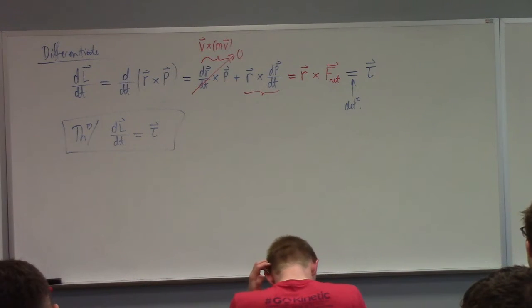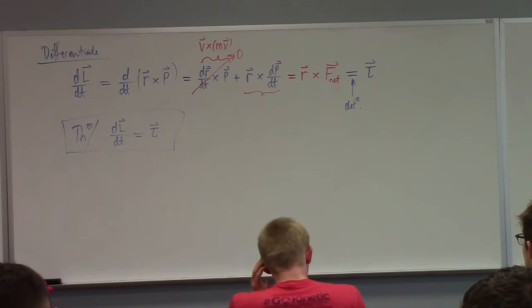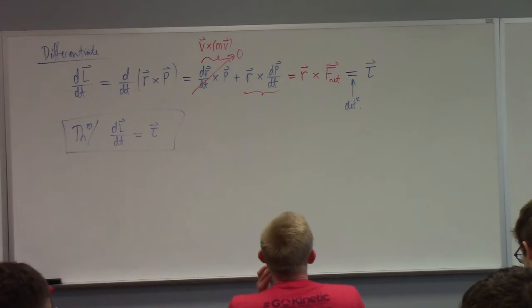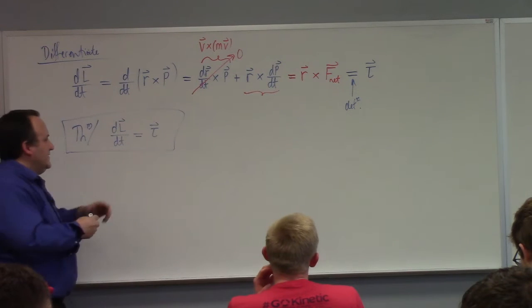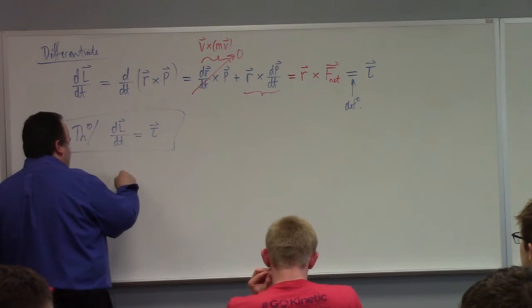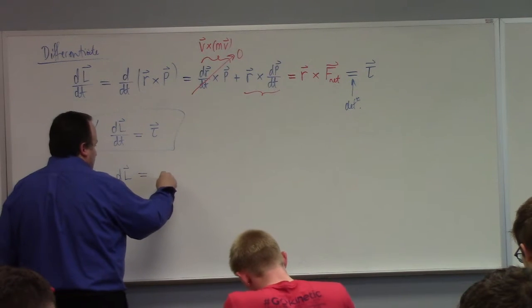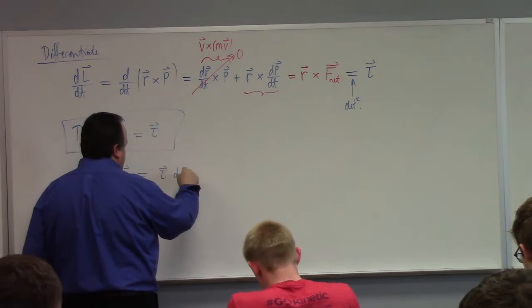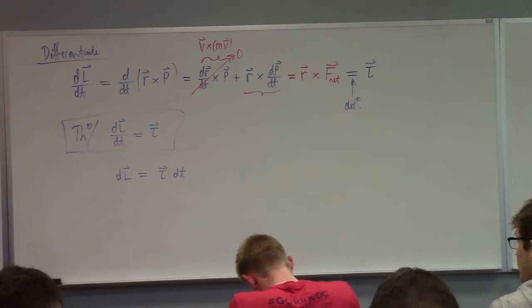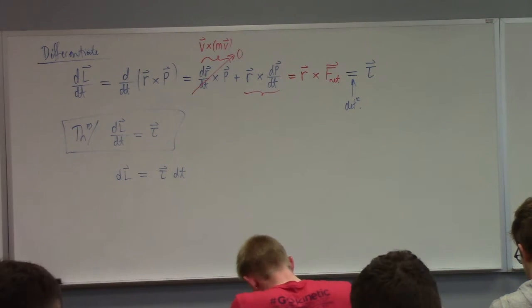So a little bit more I should tell you here, and I'll show you some examples. What this means, if you look at this, is that the change in the angular momentum for a point mass is the torque times dt. What does this say? Let's think about it.